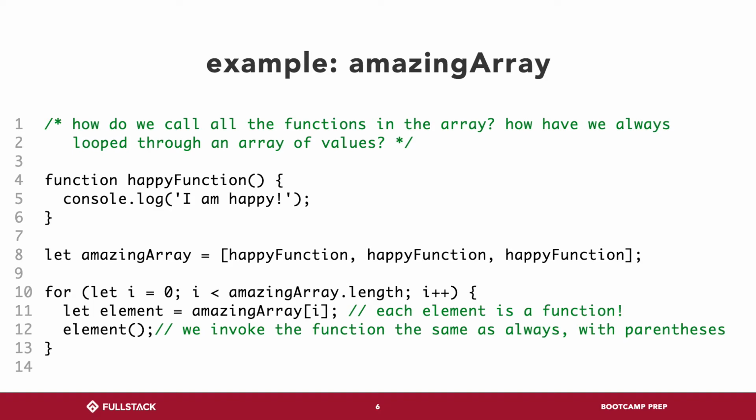But if you returned the element invoked, that means you're returning the value of the called function. You're returning the return value of this, and this doesn't have a return value, so it would be undefined, because happy function doesn't return anything.